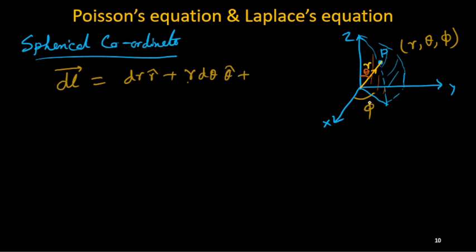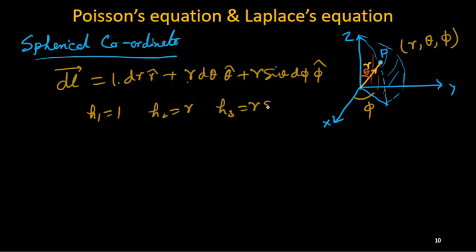And the corresponding change in phi is r sine theta d phi, phi vector. So you can note that h1 equals 1, h2 equals r, and h3 equals r sine theta.